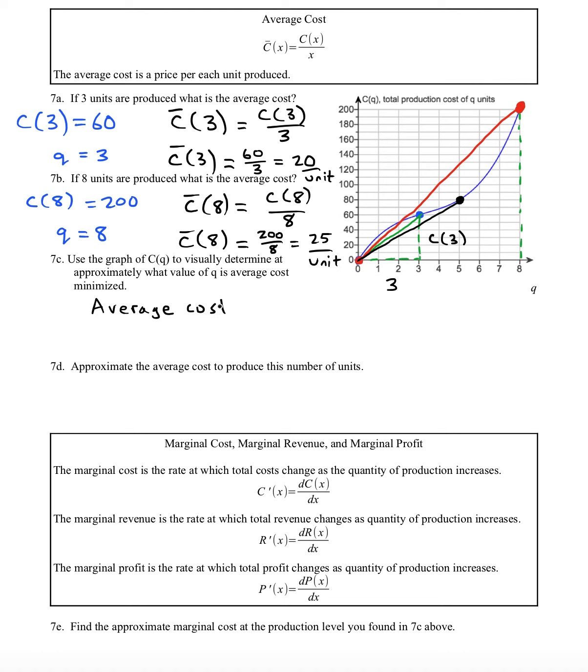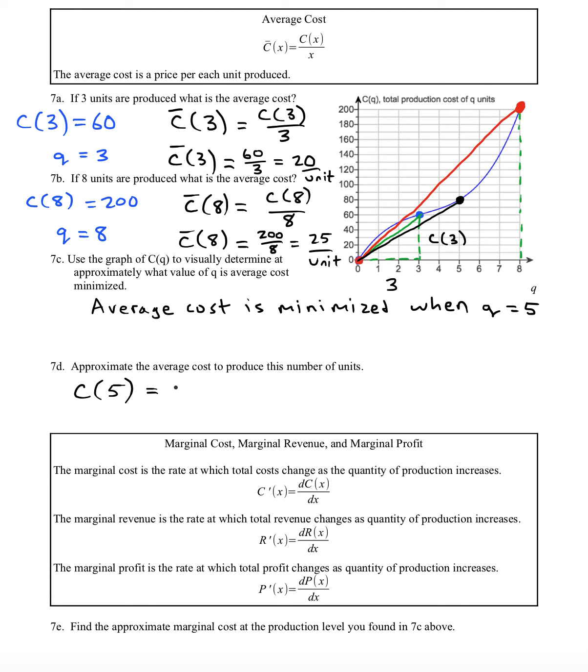Average cost is minimized when Q is 5. Now it asks us to estimate the average cost to produce that number of units. Well, we want to find C of 5 because that'll allow us to use the formula above.